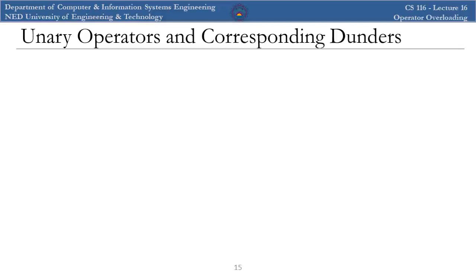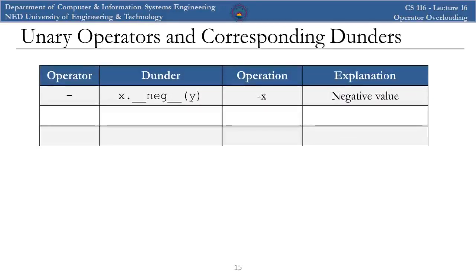Similarly, here is a list for unary operators. Unary operators are those operators which work with only one operand. Like here, this is minus x. So what does it do whenever you place a minus sign with any integer or any float? It simply negates that value. So this is called a unary operator because this minus sign works on just one operand.